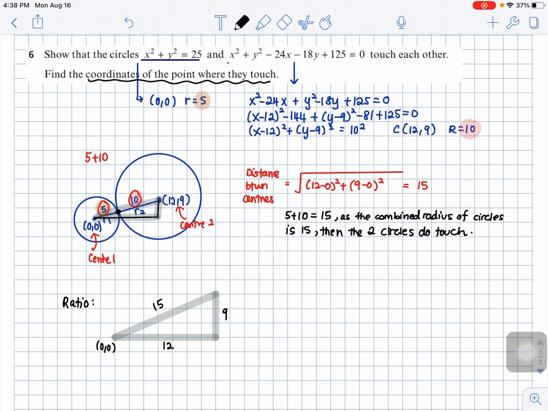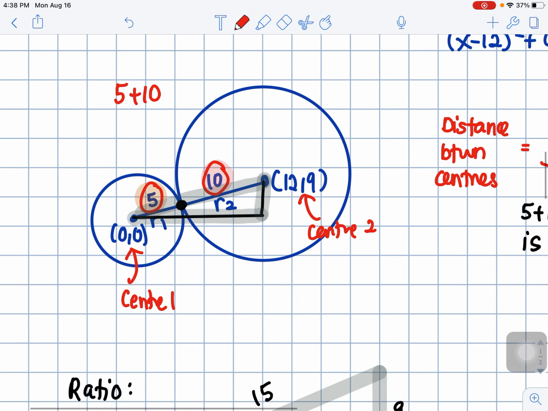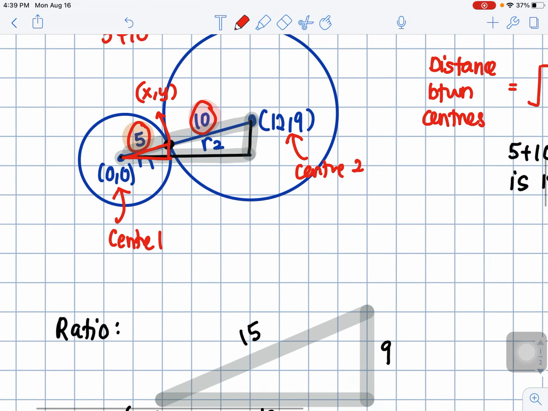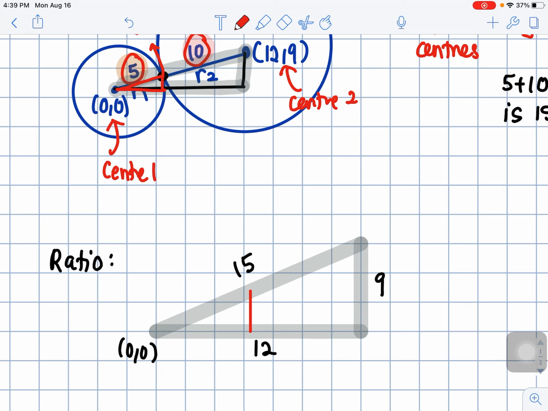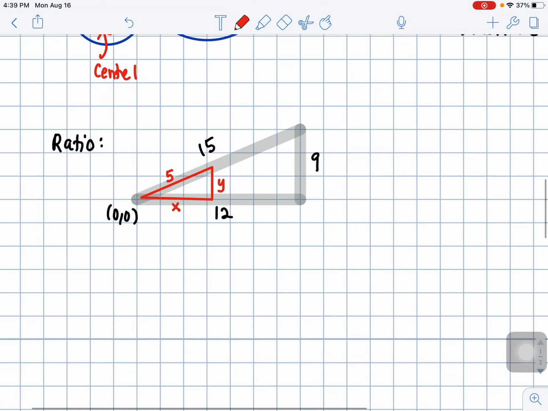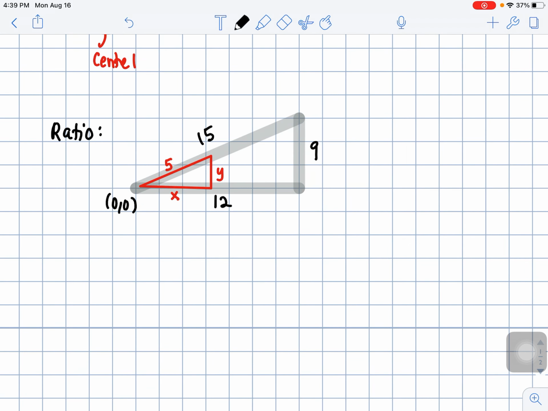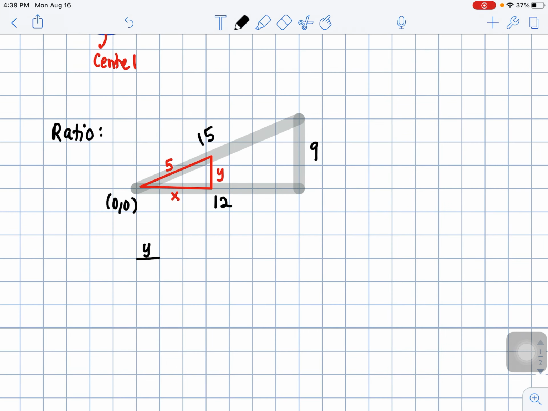Then you take another smaller triangle here. We're going to label this point as (x, y), which you don't know, you are looking for it. So can I create a smaller triangle here? This is going to be your x and the y, and this is 5. By ratio, you compare the length. So y over 9 is equal to x over 12 equals, compare, 5 over 15.